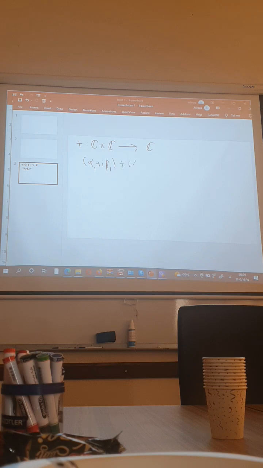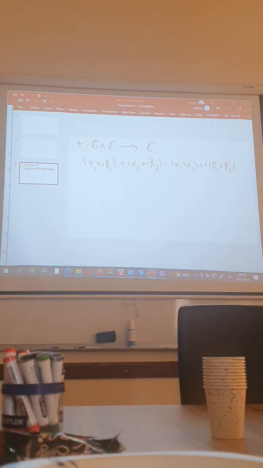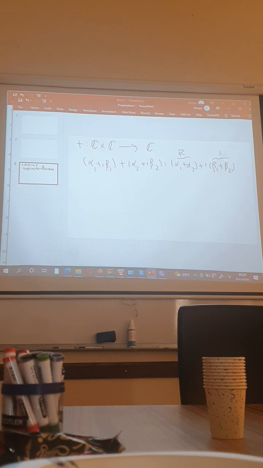Plus alpha 2 plus I beta 2. You know that this is equal to alpha 1 plus alpha 2 plus I times beta 1 plus beta 2. It is trivial that this is a real number and this is a real number, so that this is the complex number, okay?